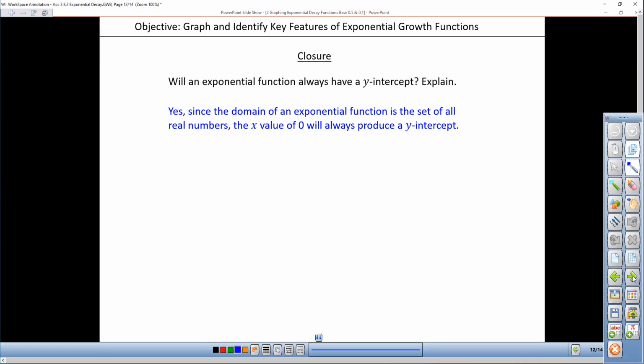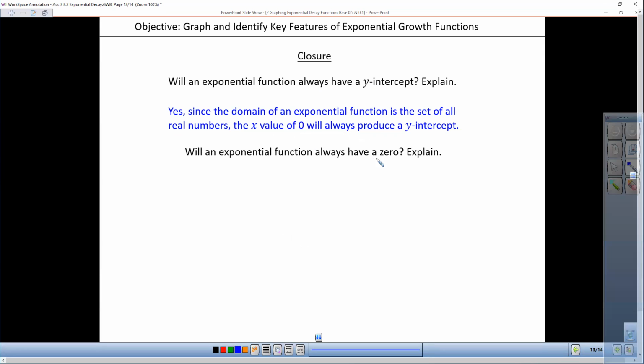Let's look at this other question here too. Will an exponential function always have a 0? Be able to explain our reasoning there also. So zeros, remember, are on a graph x-intercepts where the function crosses the x-axis.